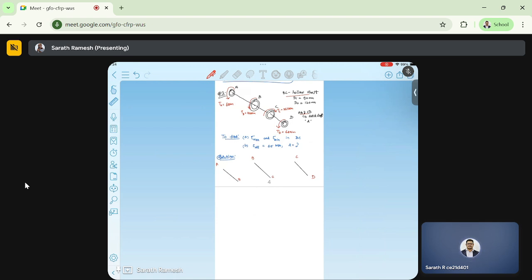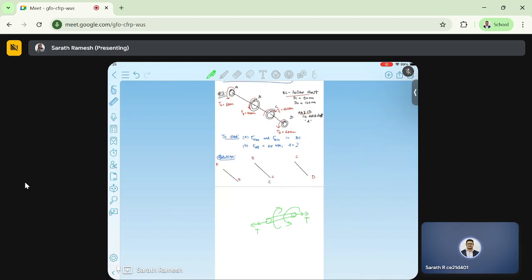Now, at A, there is some external torque. Let's use the thumb rule to represent the torque direction. If this is my shaft and my torque is applied like this, I keep my fingers in the direction of the torque and my thumb will point in this direction.